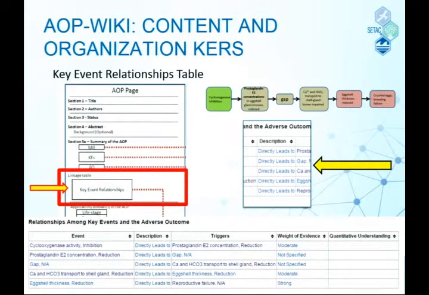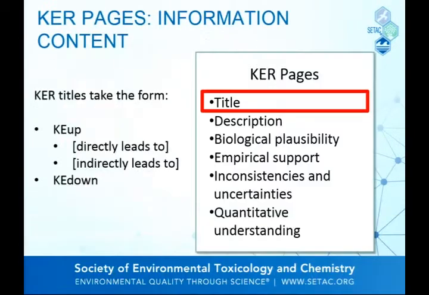Key event 1 leads to key event 2, and that is basically the name of your key event relationship. There's just a little bit more to it, and that is that you actually have to designate whether key event 1 leads to key event 2 directly or indirectly.